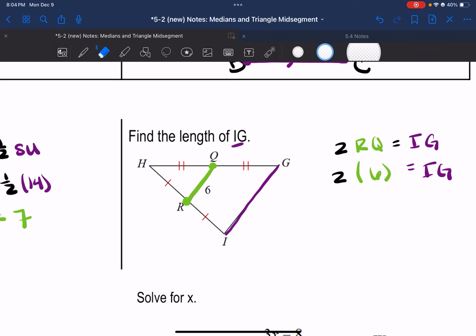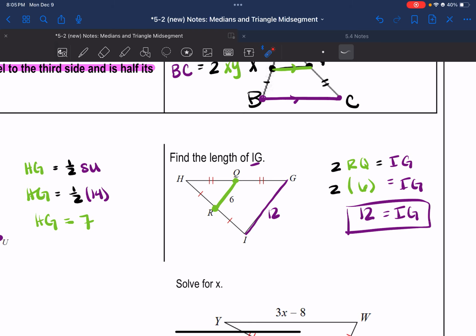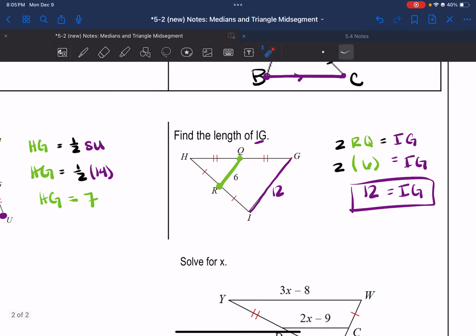And 2 times 6 is 12, which is equal to IG. And again, this side is the inside, that's the outside, and inside should be smaller than the outside. So you're either going to half what you're given or double what you're given if you're given solid numbers to start with.